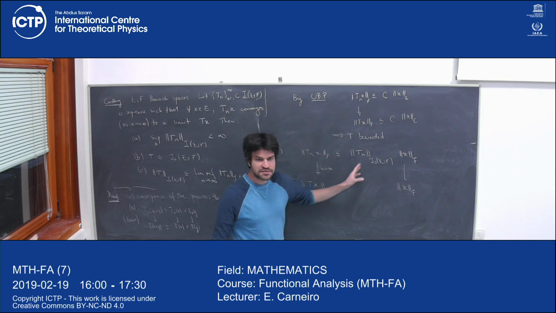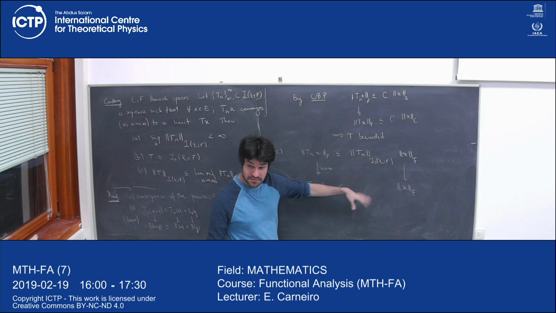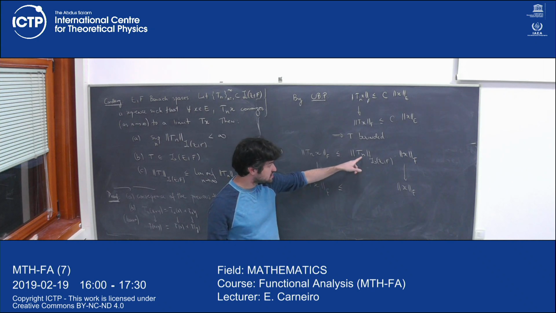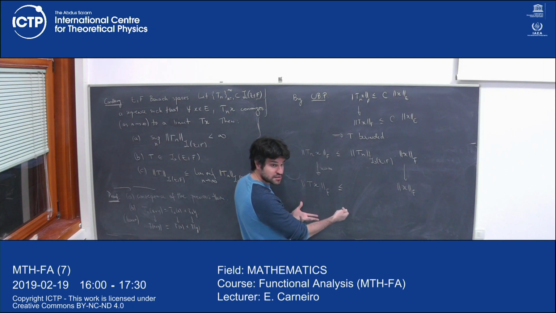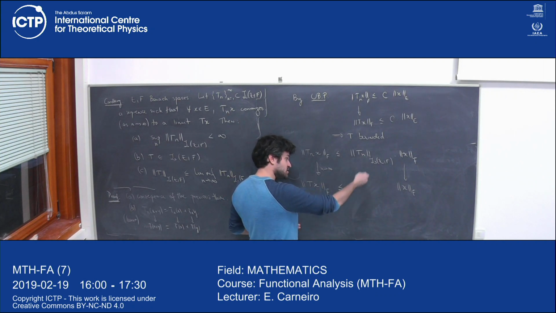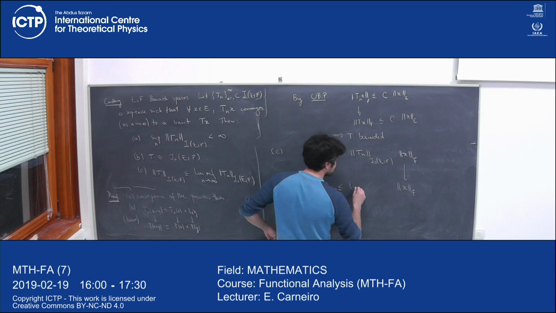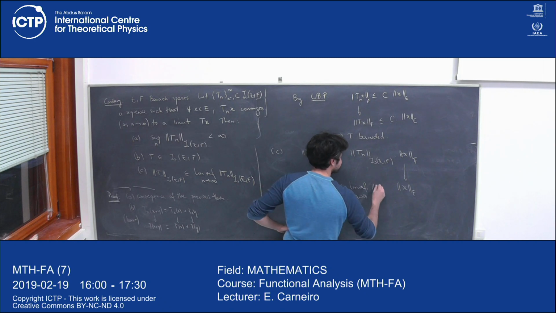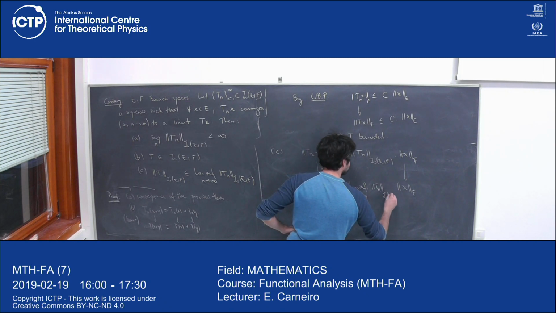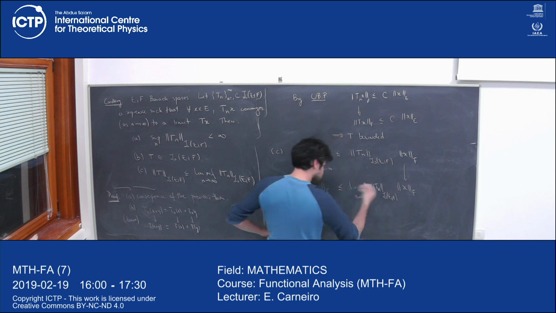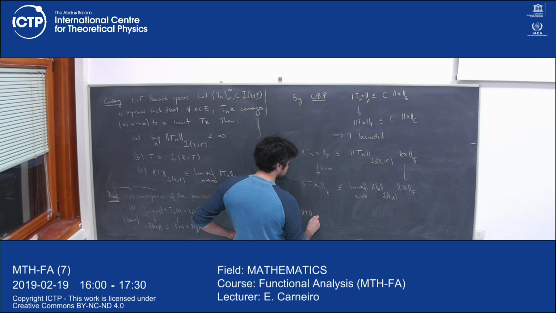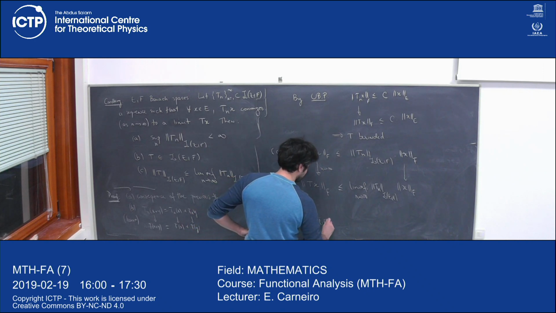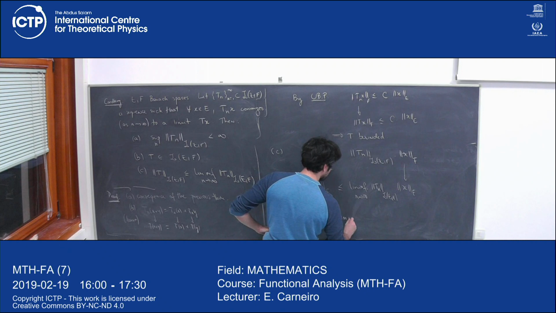Here you have a bunch of numbers that are uniformly bounded, but you can choose a subsequence that goes to the limit inferior. If you want the best possible inequality, this will be as low as possible, the limit inferior. This inequality is true, so this means that the operator norm of T has to be less than or equal to this limit.